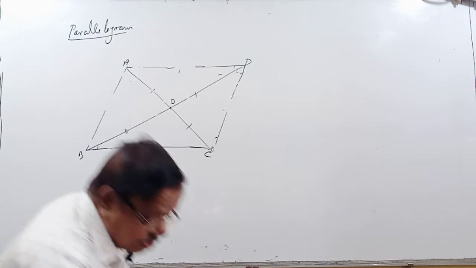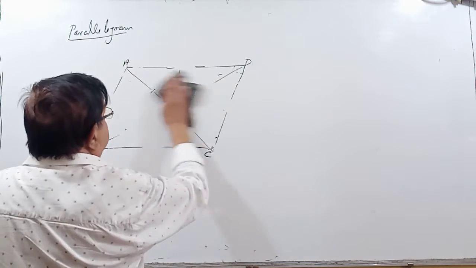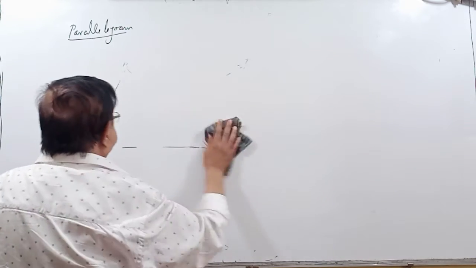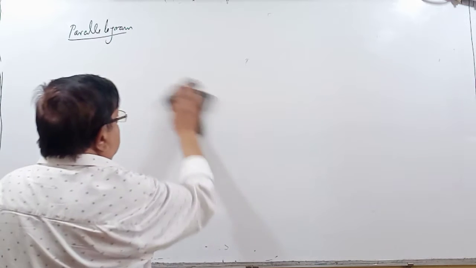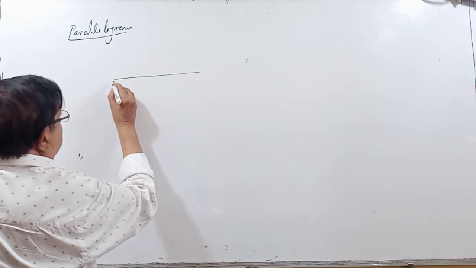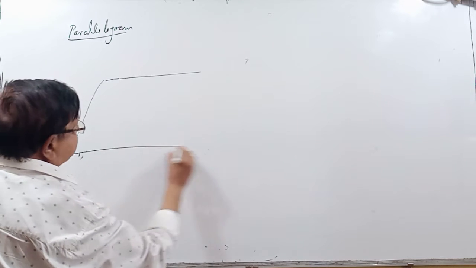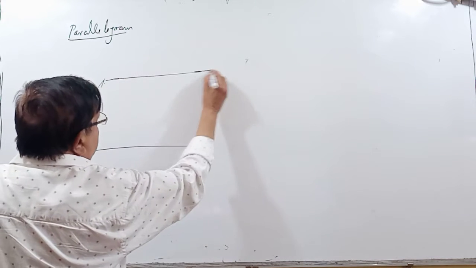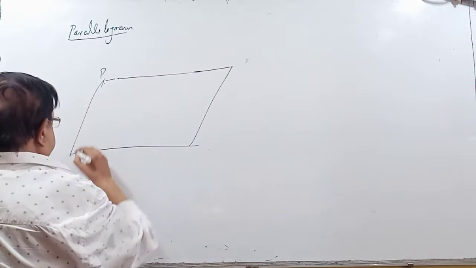Now converse. Converse is just for parallelogram. If opposite sides are congruent, PQRS.